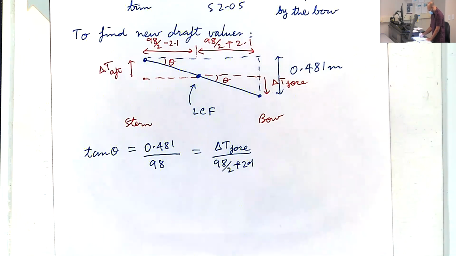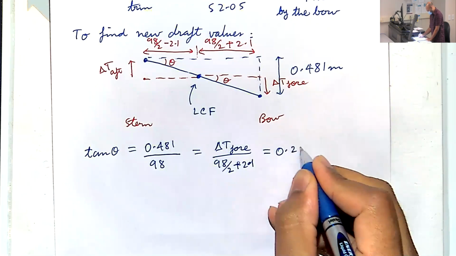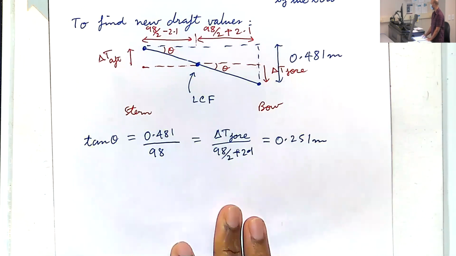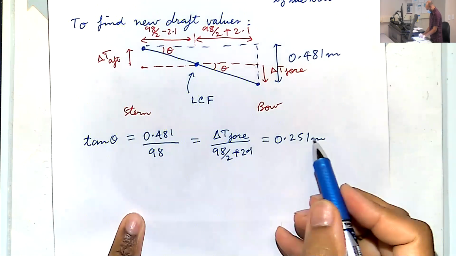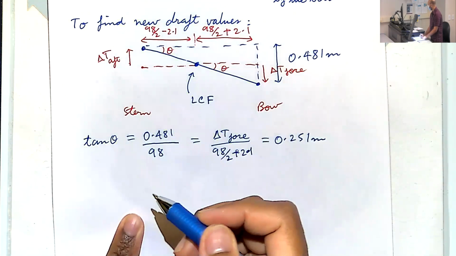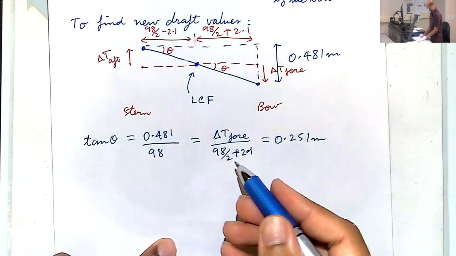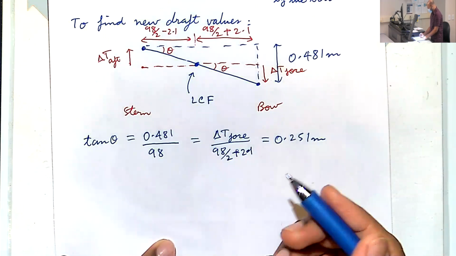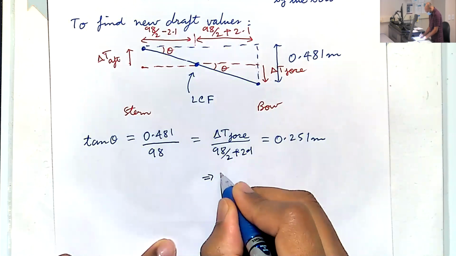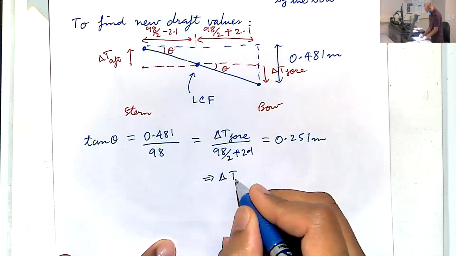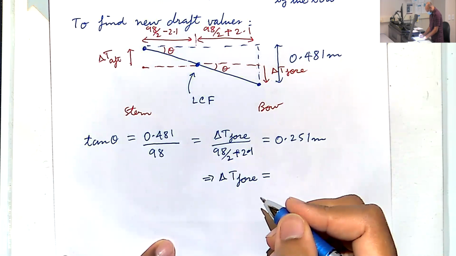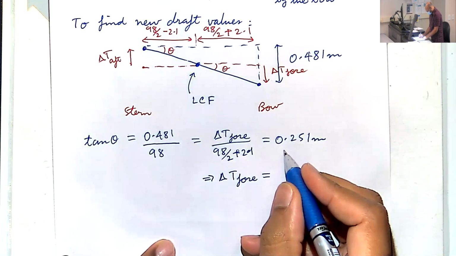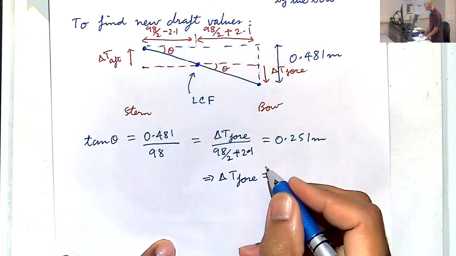Okay, and when you compute all this, it comes out to be 0.251 meter. The 0.251 comes from this here. So now the only unknown here is delta T forward, so we can compute that very easily. So this gives us delta T forward is... I don't know how much it is. Let's see.